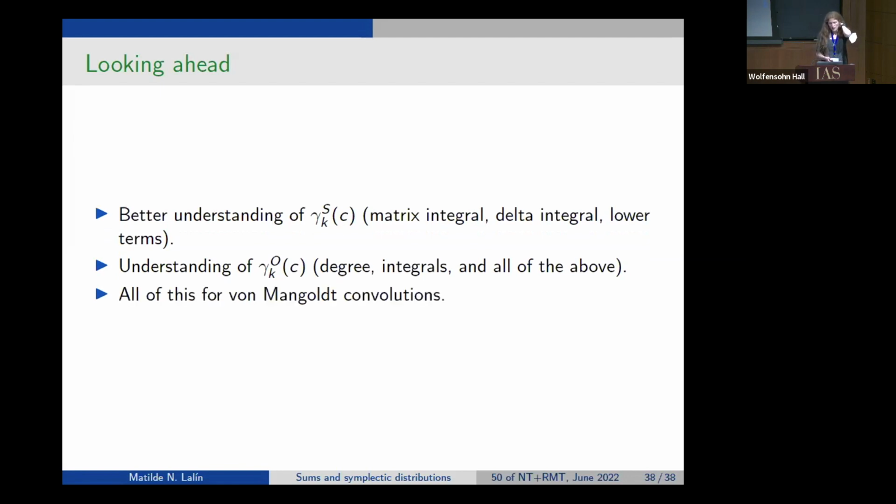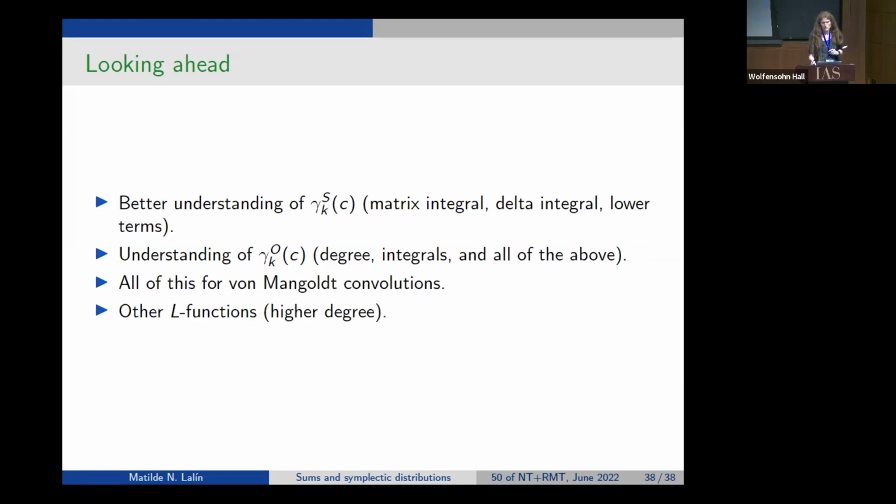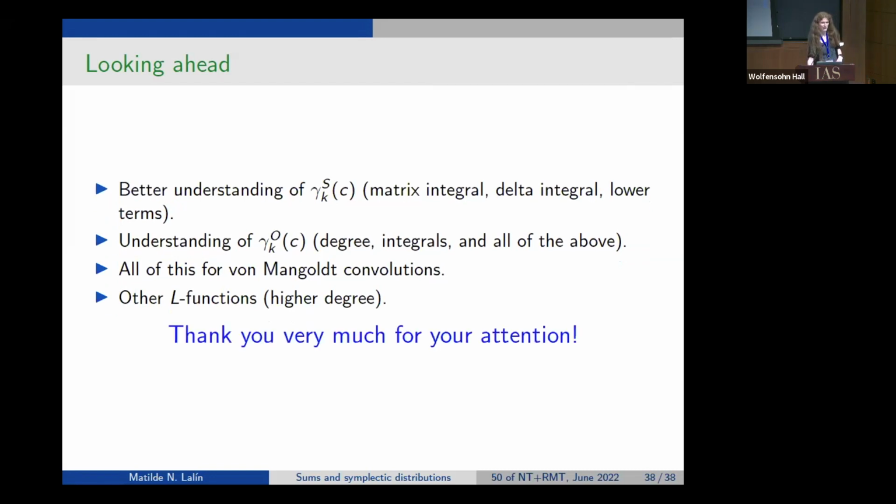All of the above for von Mangoldt convolutions, we've done some work on them. Many of the things translate, but we still need a better understanding of the gamma case of those. And for longer terms, one could ask questions about other L-functions, like higher degree. Here we are in degree 1. And with that, I'd like to thank you very much.